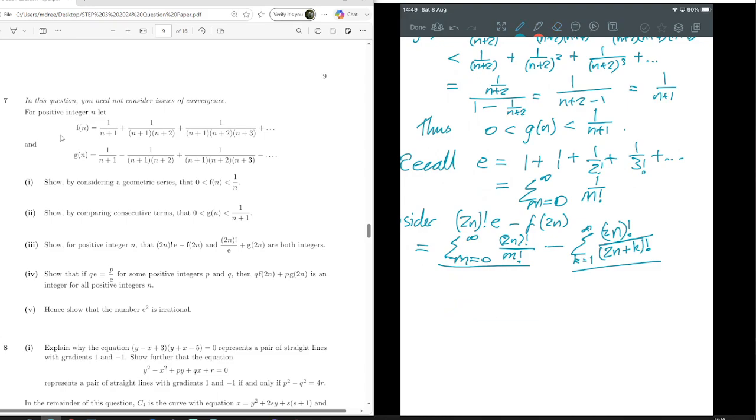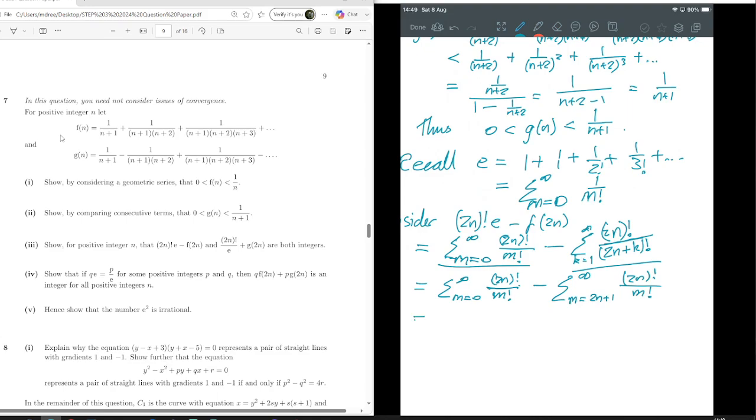So I can write this as the sum from m equals 0 to infinity over m factorial minus the sum, and I'm going to write this one in a silly way. I'm going to start at 2n plus 1 to infinity by just relabeling that denominator. And now it's more obvious.